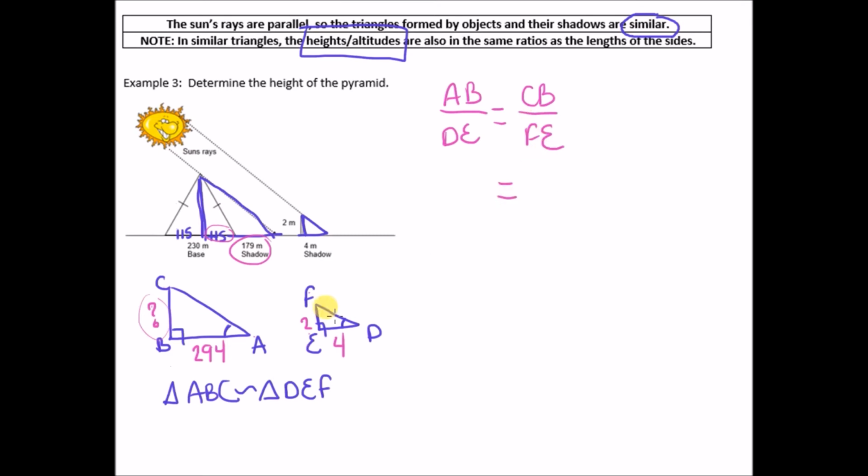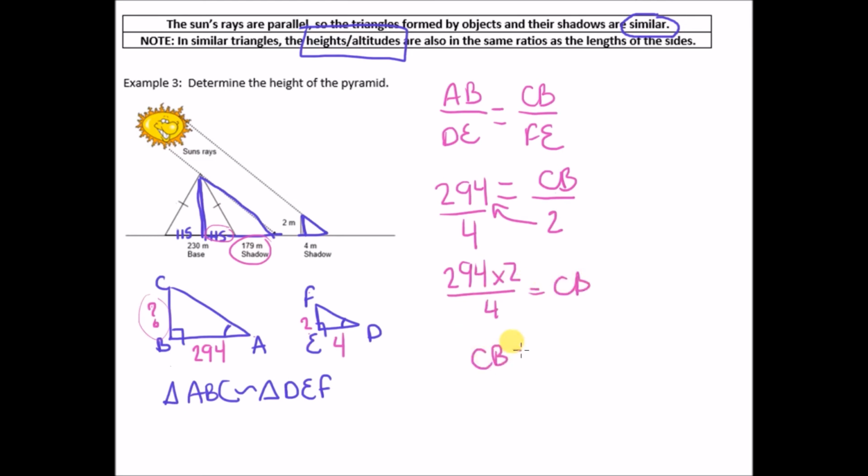So I know that AB is 294, DE is 4, CB we don't know, so we're going to solve for CB, and FE is 2. Let's cross multiply that. We get 294 times 2 divided by 4, and that's going to equal the height CB.